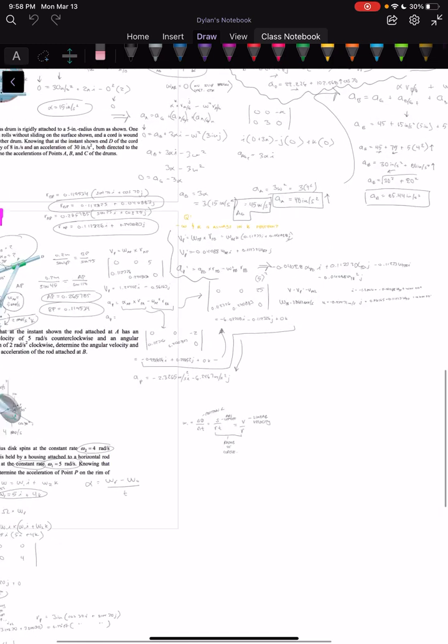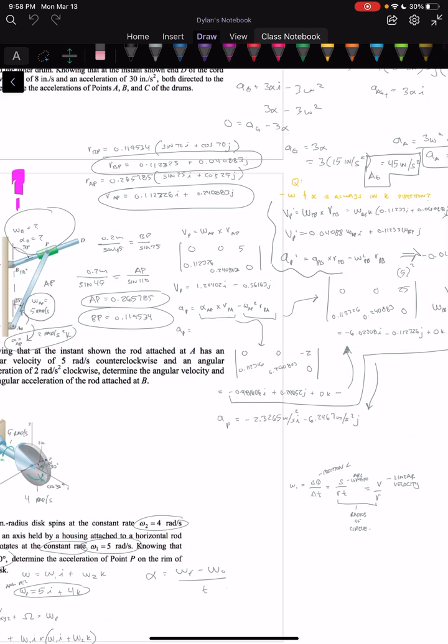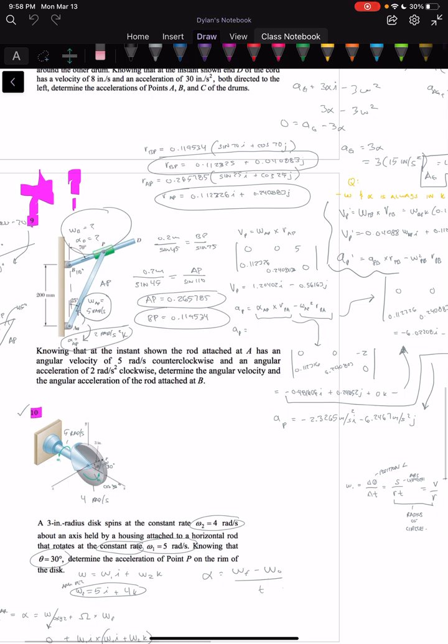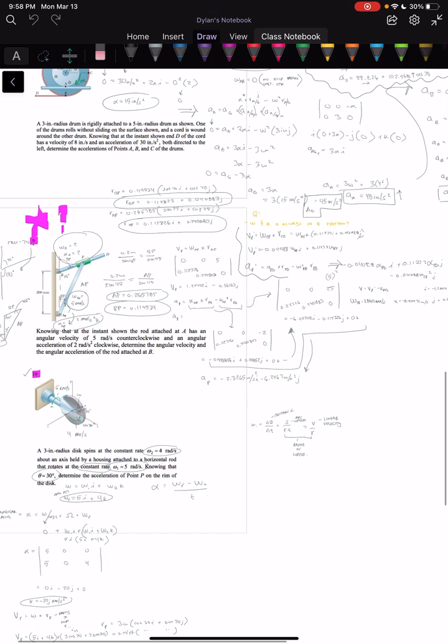Number 9, I was unable to finish, but I just need to do a bit more practice with motion in 3 dimensions. But I was able to use the law of sines to find the lengths of each side.